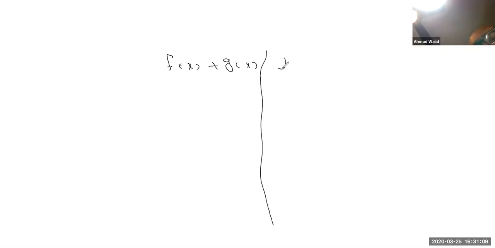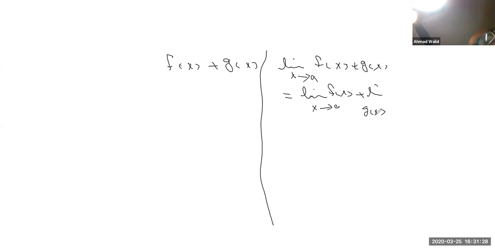For example, if you had the limit of f of x plus g of x, I explained to you that you can write it as the limit of f of x as x approaches a plus the limit of g of x as x approaches a, right? Same thing applies for the derivatives.